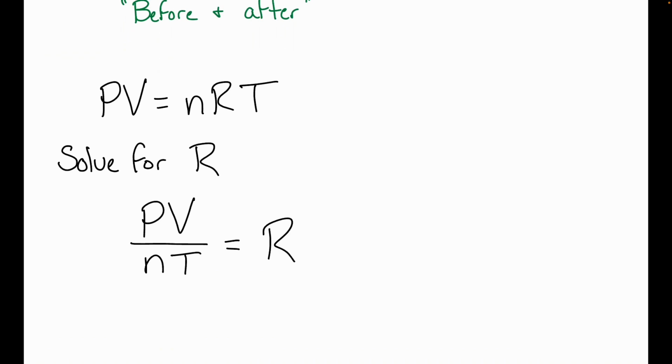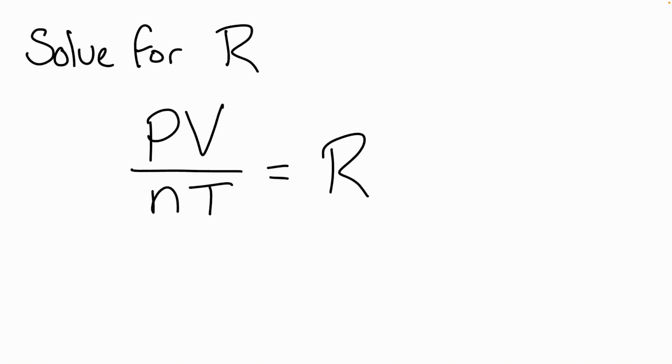What's important to understand about this relationship when it's written like this is that this is a constant, which means whatever your gas is, whatever your conditions are, the pressure times the volume divided by the number of moles divided by the temperature always has to equal that same number. It doesn't matter what your conditions are. You take P times V divided by nT, you always have to get the same number out of it.